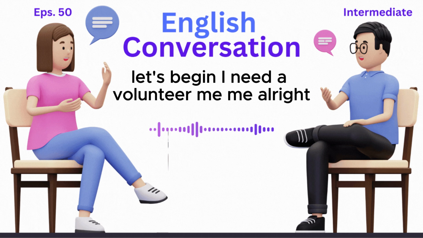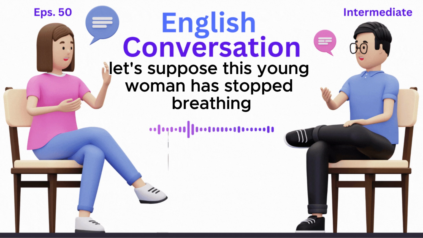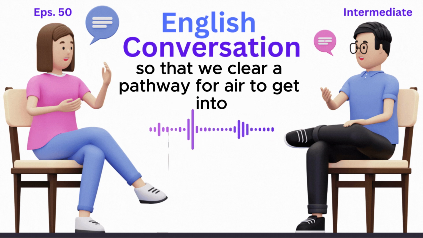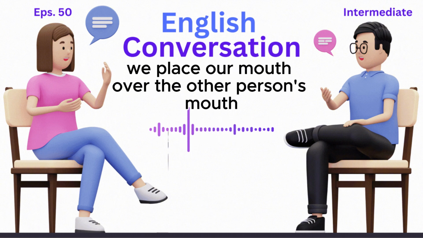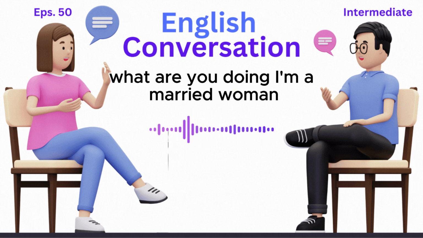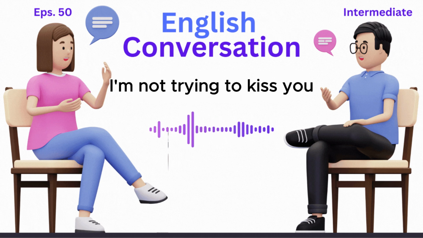Me. All right, come here and lay flat on your back. Let's suppose this young woman has stopped breathing. We must lift the person's chin so that we clear a pathway for air to get into the lungs. Then, we place our mouth over the other person's mouth and blow air 2 or 3 times, like this. Wait, what are you doing? I'm a married woman. You can't just try to kiss me like that. Ma'am, I'm not trying to kiss you.